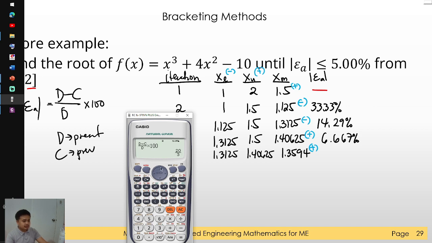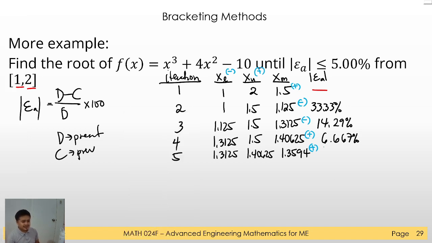So let's find the approximate error. The approximate error will be 1.3594 and... actually I did not utilize significant figures here in this fourth iteration. But anyways, okay na yan.